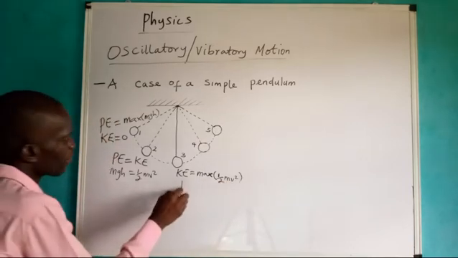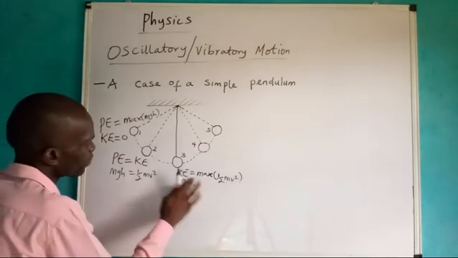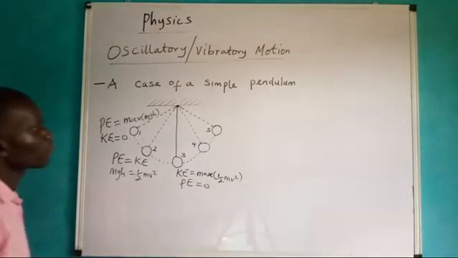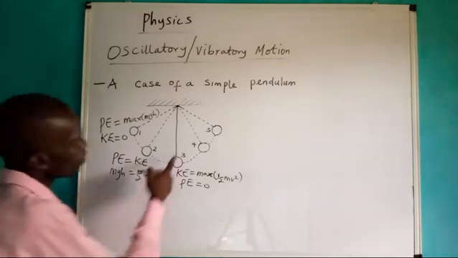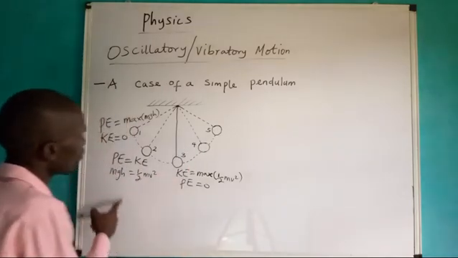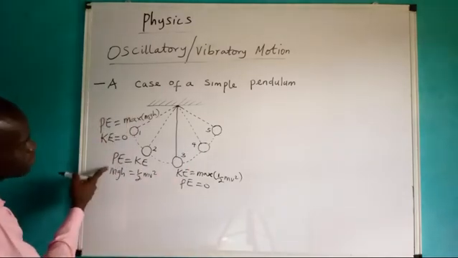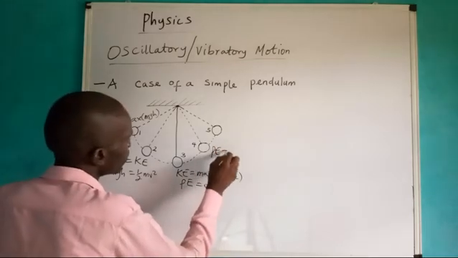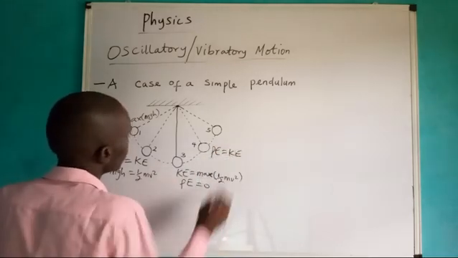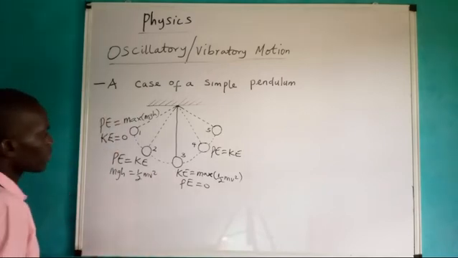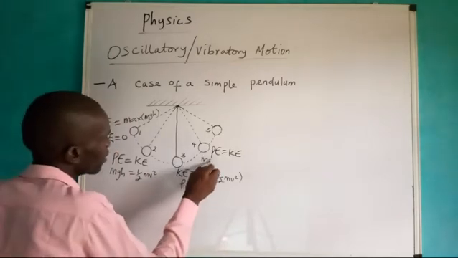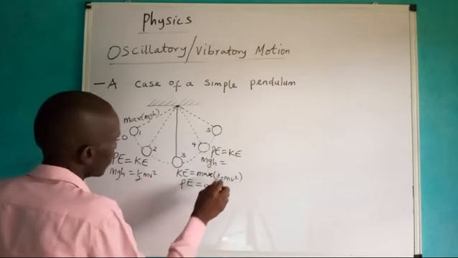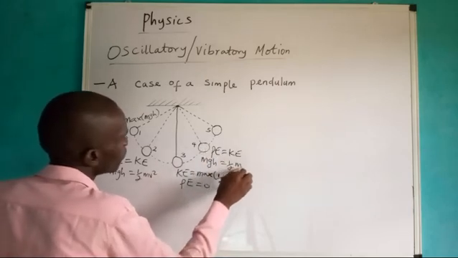At this position, our PE is equal to 0, meaning no potential energy. Position 4 is simply the same as position 2, which is PE equal to KE. At this position, don't forget that MGH is equal to half mv squared.